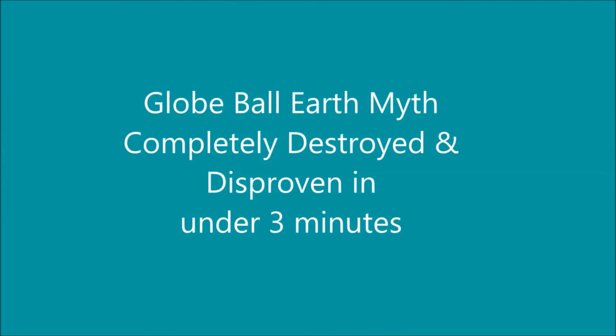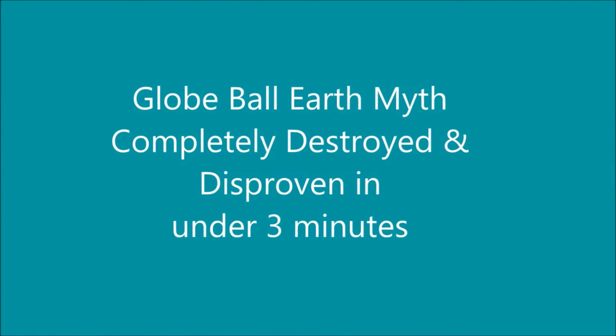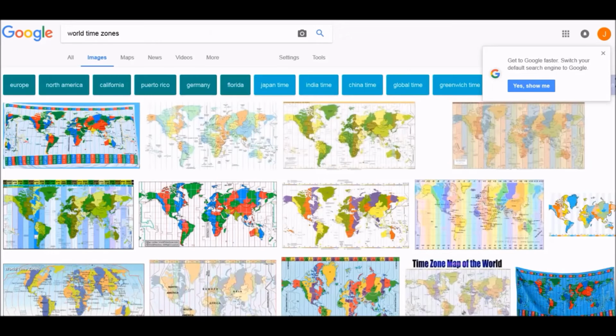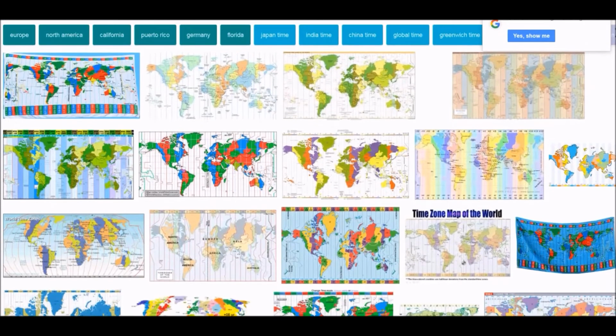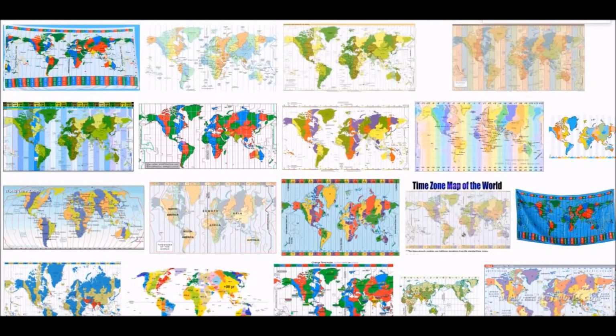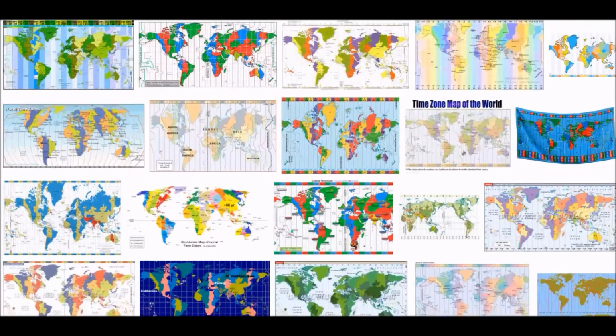Occam's razor states that the simplest explanation is probably the correct explanation. So let's see how that applies to a globe ball 24-hour time zone map. If anyone was to Google world time zones, they would find only flat maps describing the 24-hour time zones of the Earth.